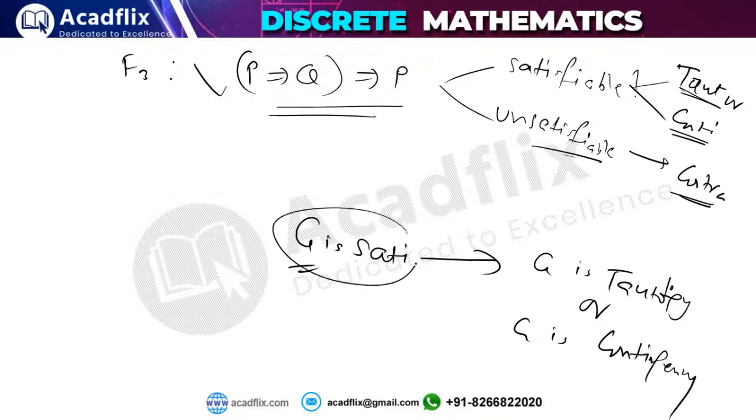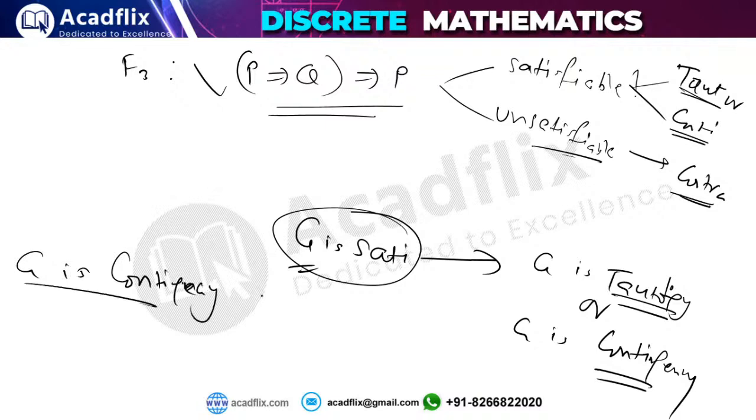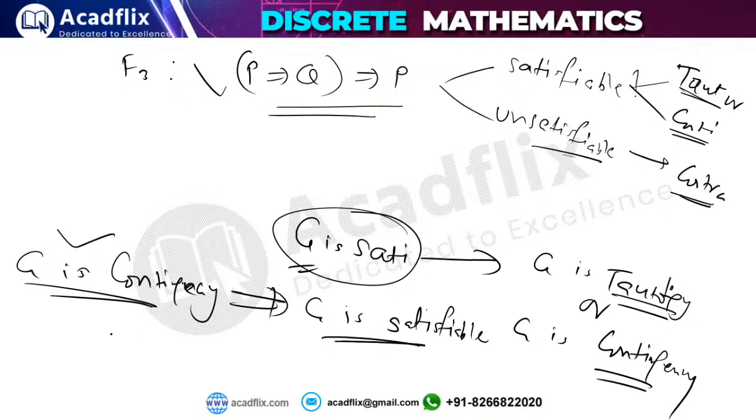So remember, satisfiable means tautology or contingency. So if the formula is contingency, then I can say that formula is satisfiable.